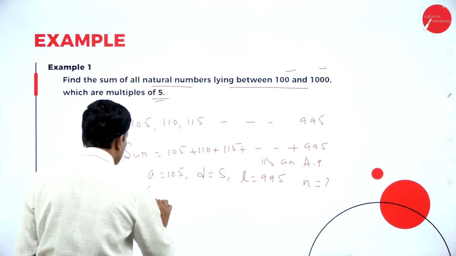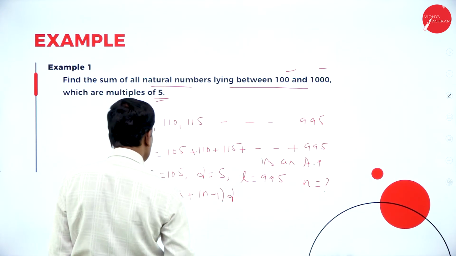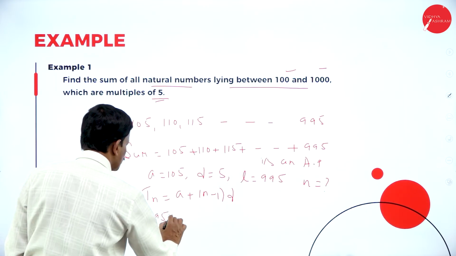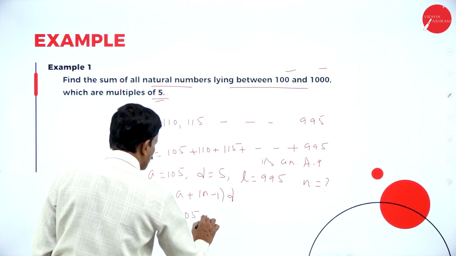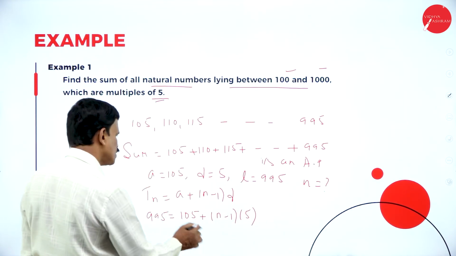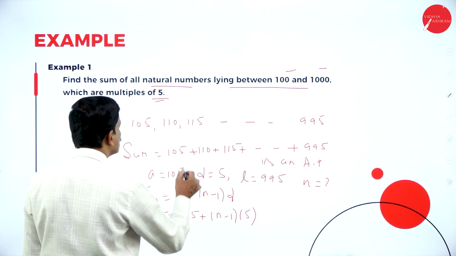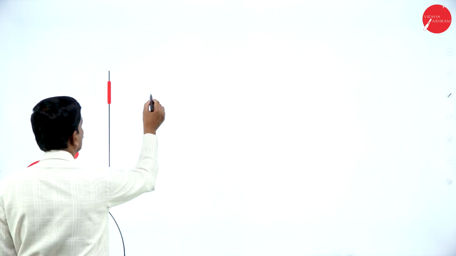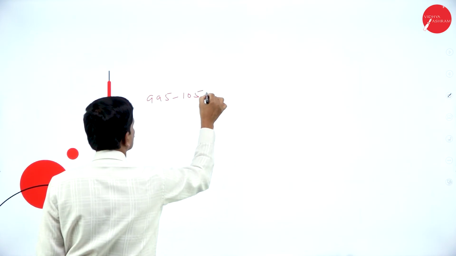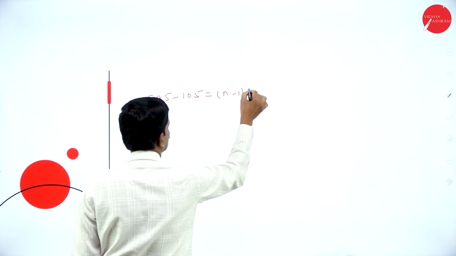Now we know the nth term Tn is equal to A plus n minus 1 into D. So the last term, the nth term, is 995, is equal to A, the first term is 105, plus n minus 1 into the common difference 5. Simplify this. So this can also be written as 995 minus 105 is equal to n minus 1 into 5.